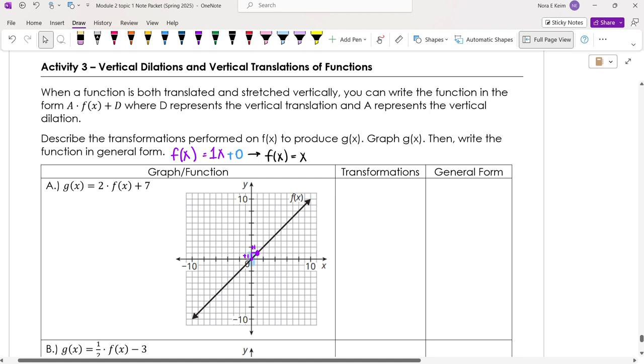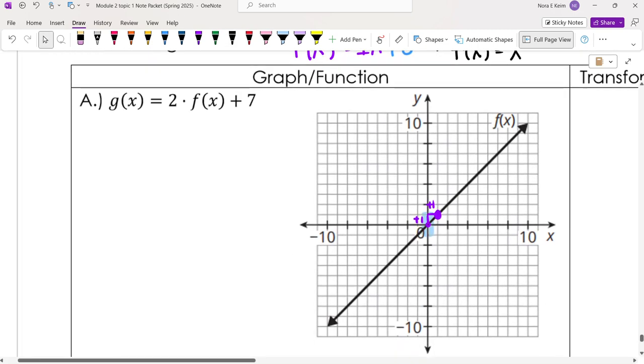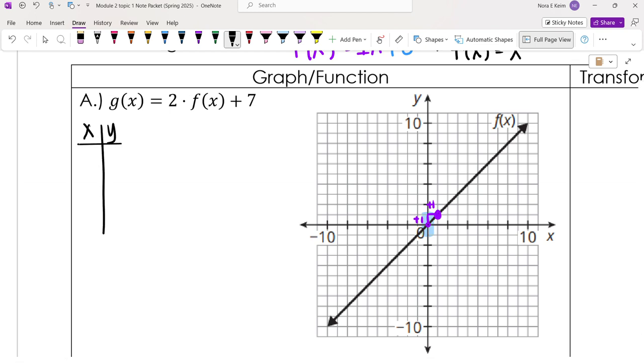So the other way we could do it is I could identify several points in f of x. I have a point here at negative 2, negative 2, negative 1, negative 1, 0, 0, 1, 1, and then 2, 2.